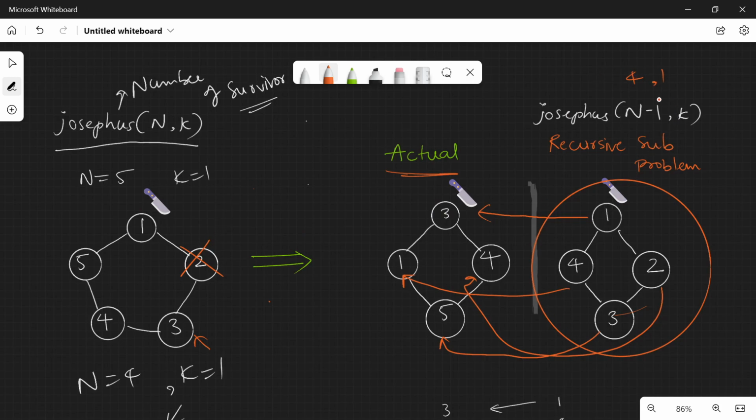This is our assumption, and we are converting it back to the actual answer. So each time we are going to kill a soldier and call for the Josephus subproblem, and whatever answer it returns, we will convert it into our actual answer. 1 is getting converted to 3, 2 to 4, 3 to 5, and 4 to 1.